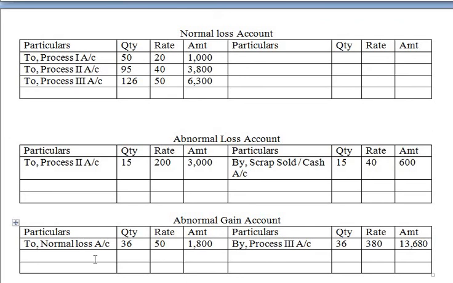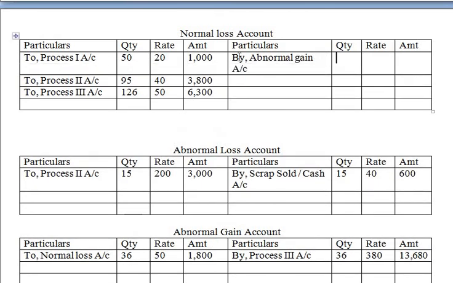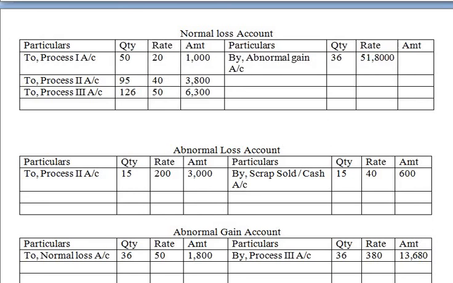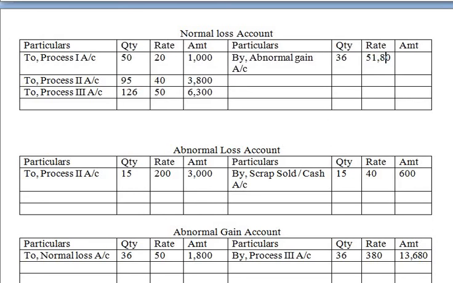Now, as normal loss account is affected, on the normal loss account credit side, by abnormal gain account, it is 36, 50 and 1,800. Hope you have understood this.